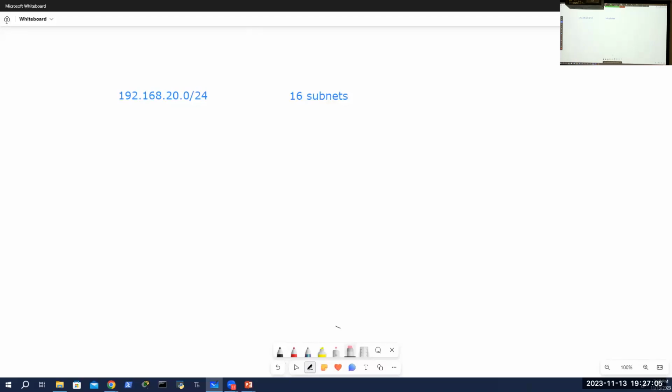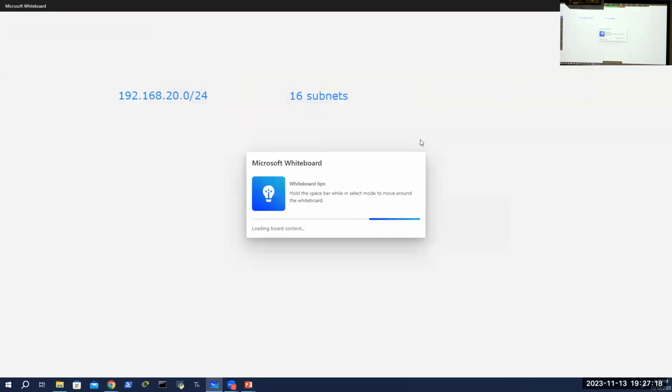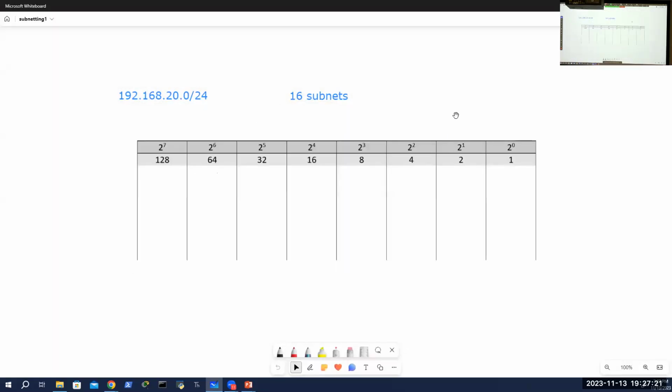I'm gonna get my table up here. Okay, so we need 16 subnets. What power of 2 gives us 16? All right, so 4.